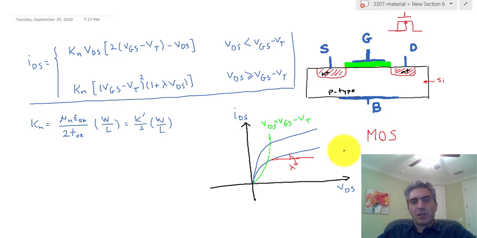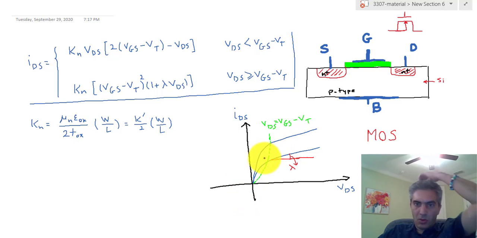Therefore, with three terminals, I can't just show the operation of a device using a simple IV curve. I basically have to have a 3D plot where I show more than only the voltage of two terminals and the current that passes through those terminals.